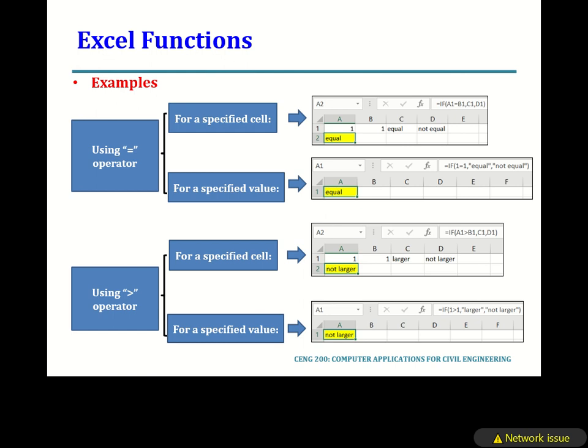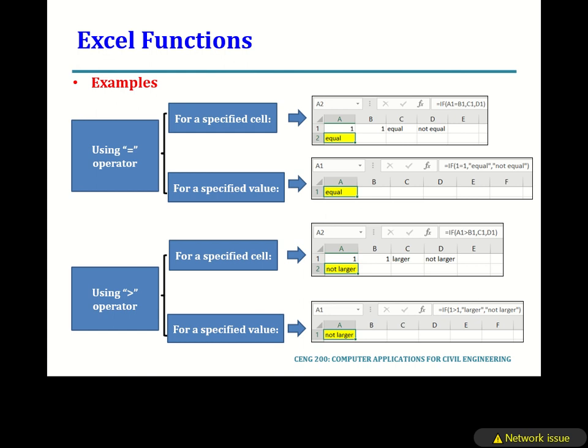Okay, it's a text, so you have to... The only text which you can use without inverted commas with the function is the function itself. So if I don't put the inverted commas, it will assume that it's a function itself. Equal is a function.